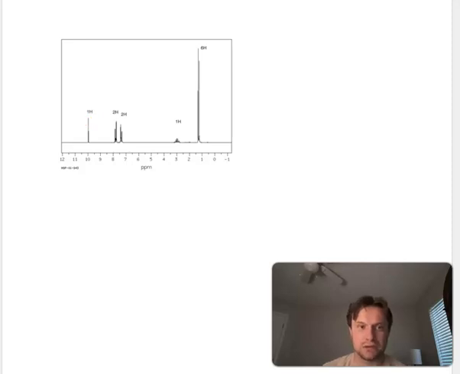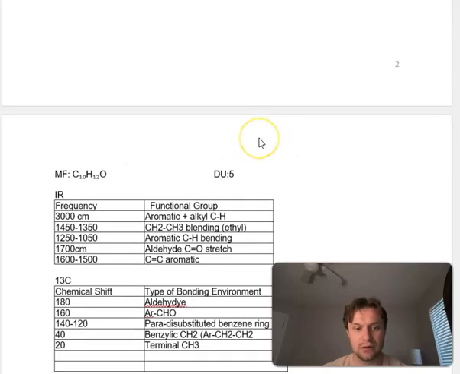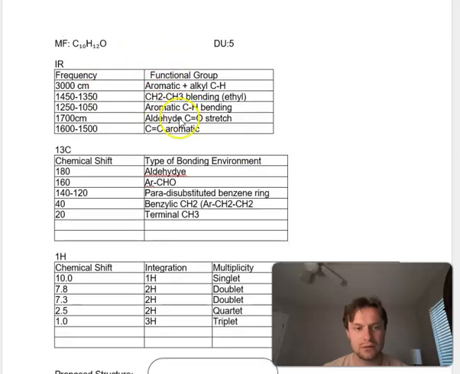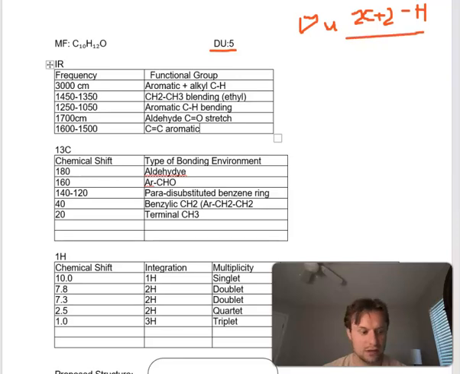We can tell by those H's that this is going to be that structure that we confirmed in the last step. Now, going down, we've got all of this filled out based on what was found in those charts, but I did want to touch on this number here, the DU number. The way to calculate this, there's essentially a formula. So I'm just going to write it here on the side. We take 2C plus 2 minus H, and then we divide that over 2.